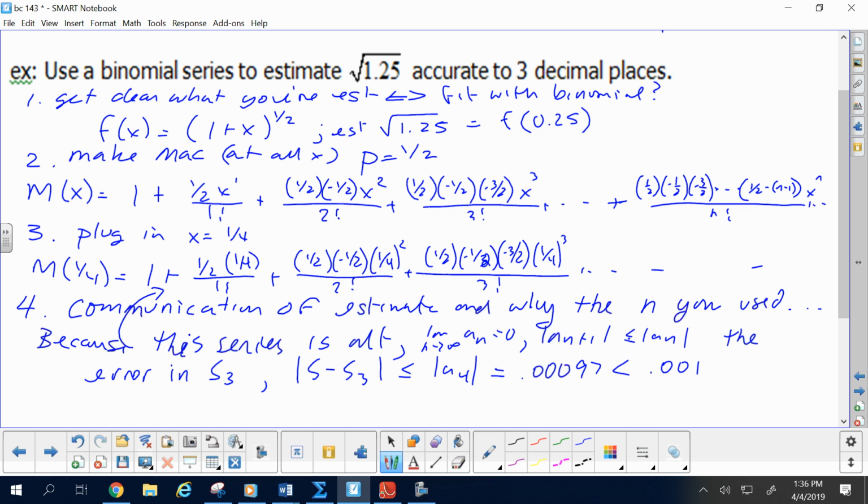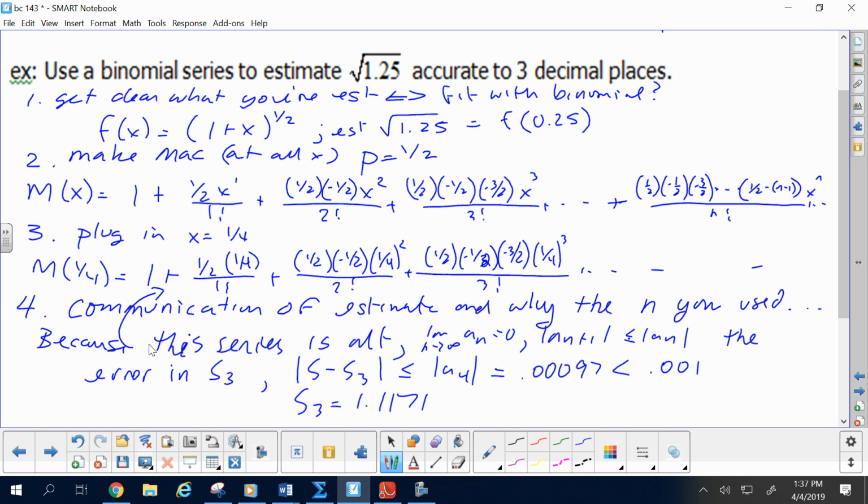Maybe I should have given my estimate first, huh? Am I putting the cart before the horse here? Because the series is alternating, the terms go to 0. The error in S3 will be less than 1,000. S3 is 1.1171. How do you think it would read?